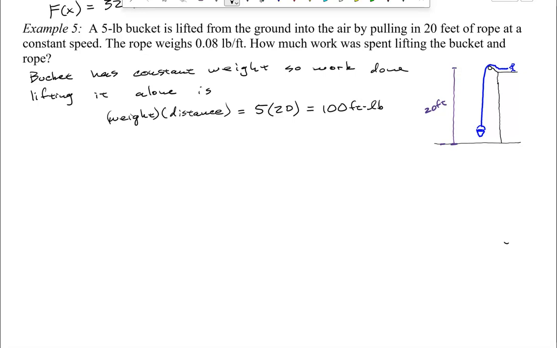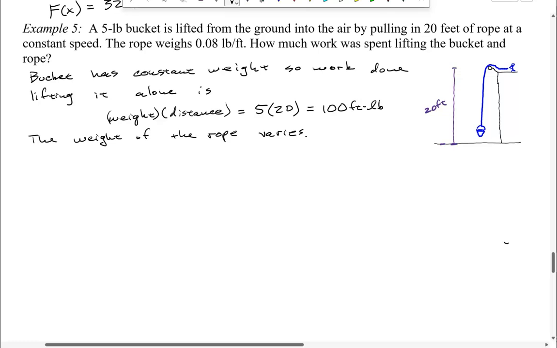Okay, now, where does the calculus come in here? Well, the weight of the rope varies. Why? Think about that while I write. So when you start this exercise of pulling this bucket up, you have a lot of rope, right?